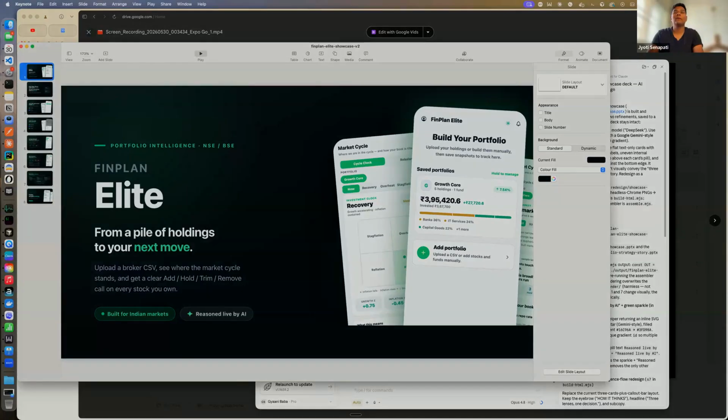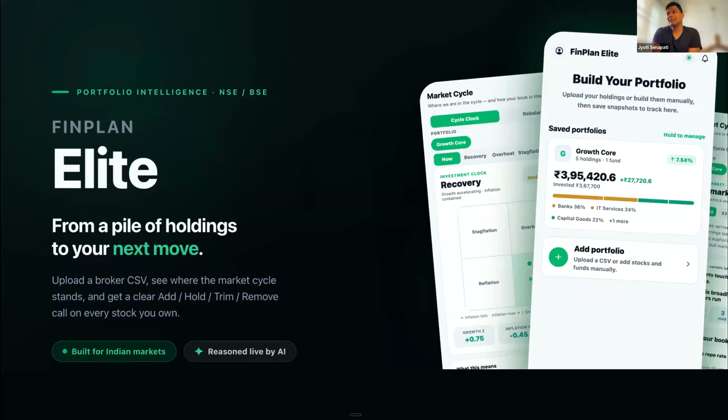Okay, yeah. So I'll be discussing this mobile app I created. The personal pain point I'm solving is that many times people do understand the market, but they do not get a lot of time to take steps based on categories, and they do not have much visibility on how their stocks are working by category.